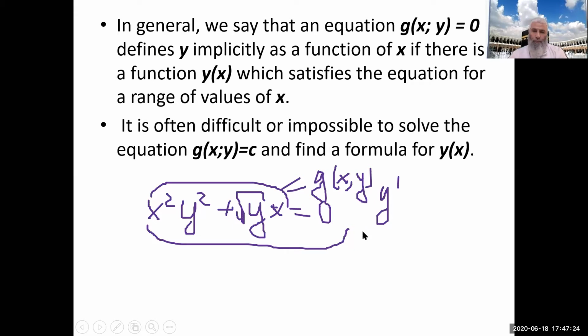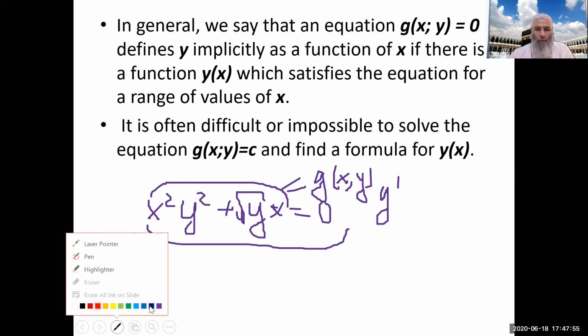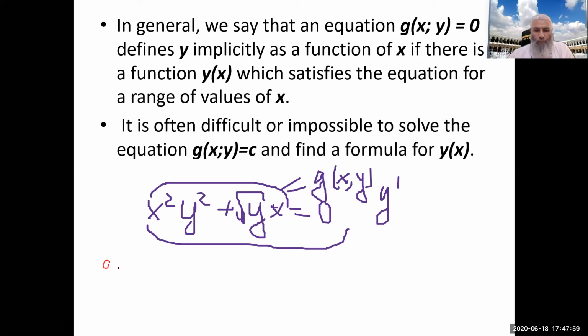The first equals g of x, y, and she equates this to 0. g of x, y equals x squared y squared plus root y x, and she equates this to 0, or she writes g of x, y, g dash, if I understood correctly.